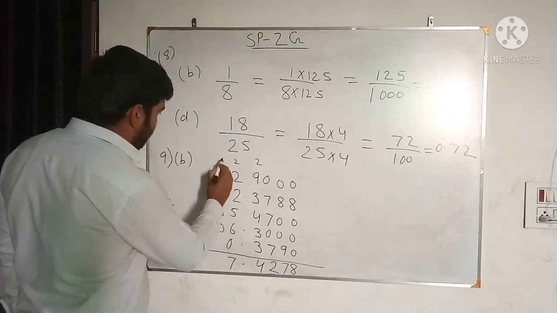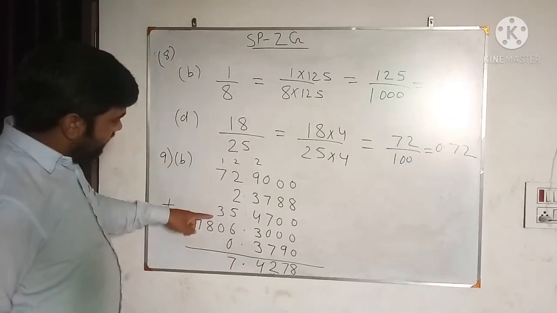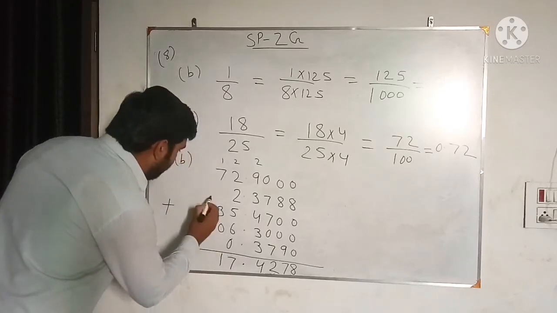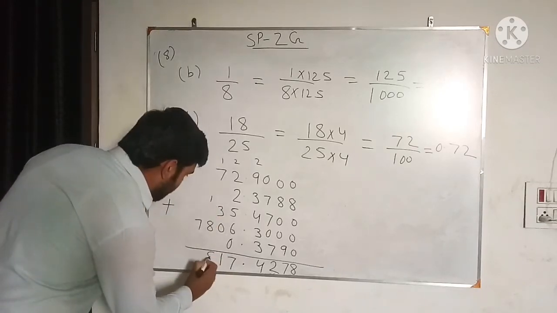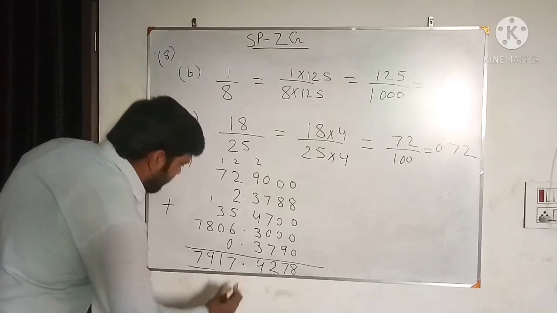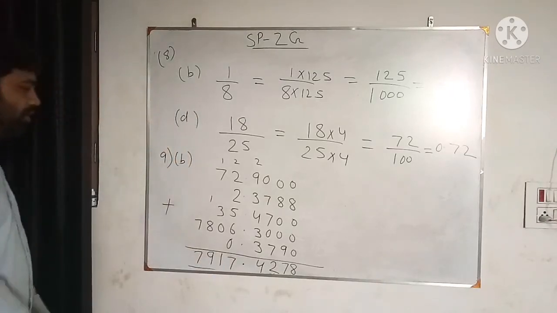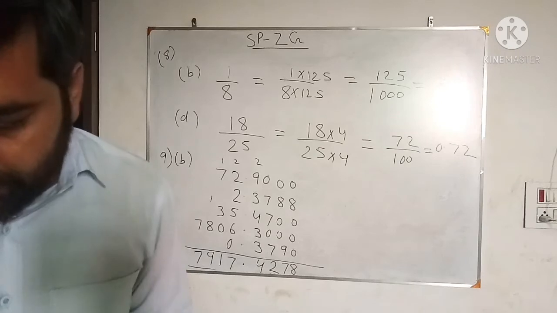Carry 1. 8, 3, 11, 1. Carry 1. 9. Answer is 7917.4278. Like this we have to do.